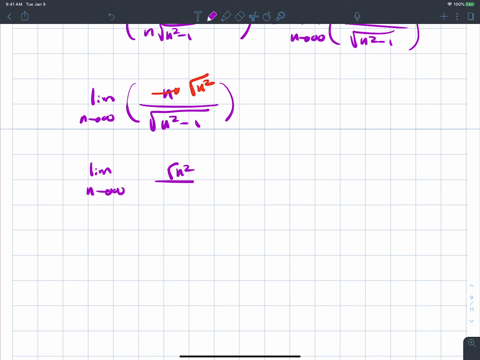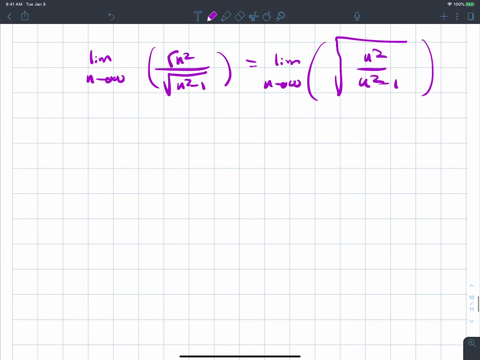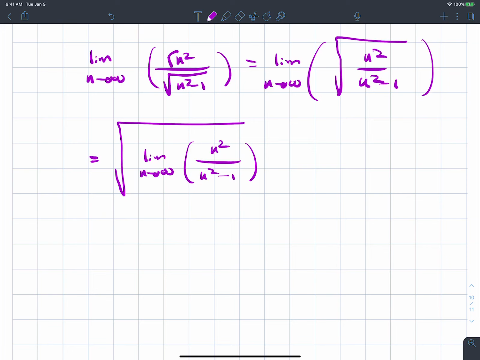And you may say, well, what does that do for us? Well, I'm going to use properties of radicals, put this under a single radical, right? And then that gives you a square root here of the limit. N gets big, N squared over N squared minus 1. We're going to divide by the variable with the highest power in the denominator.